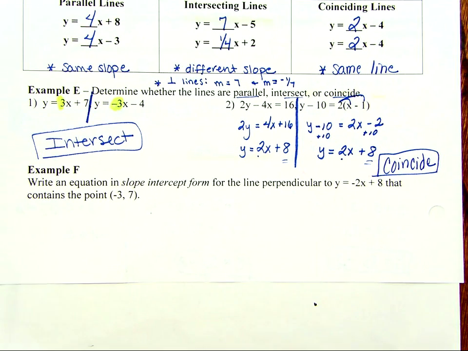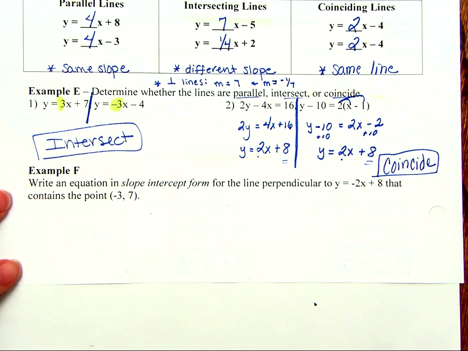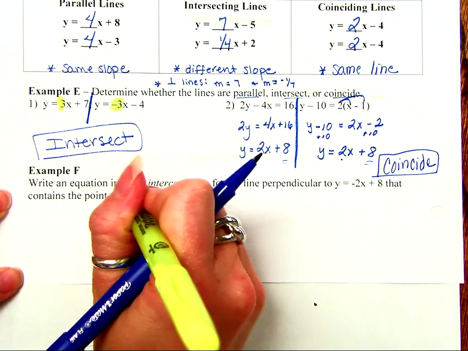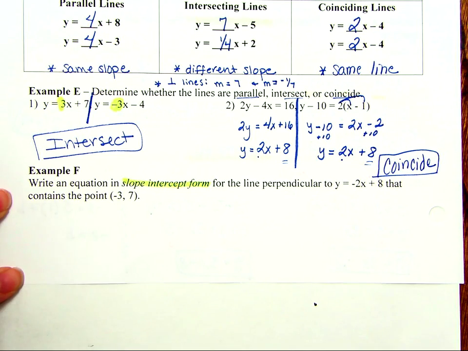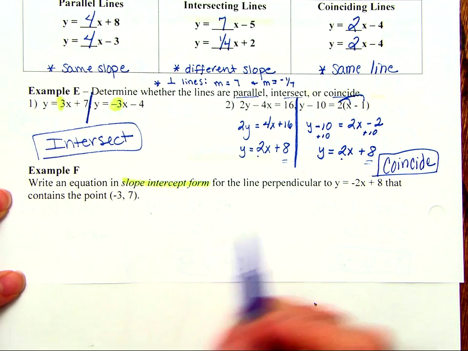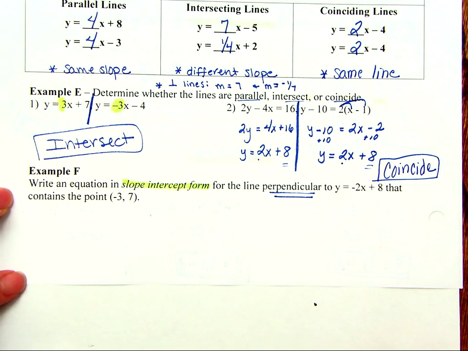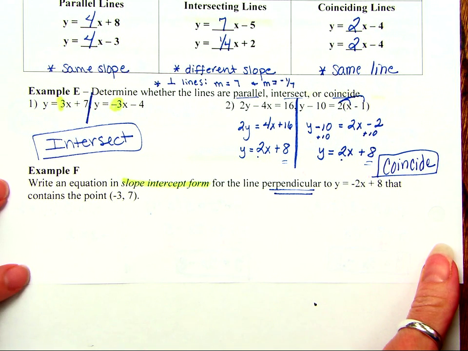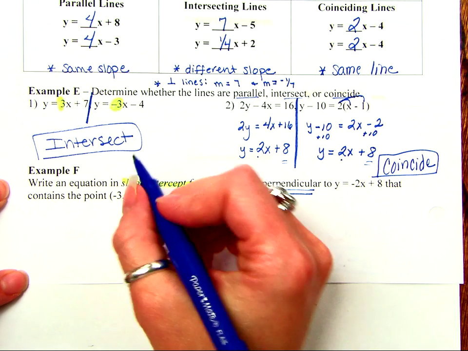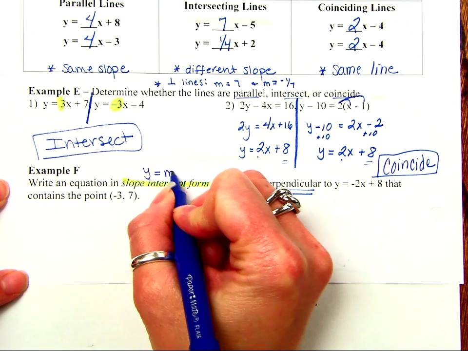Finally, in example F, they're asking me to write an equation, again in slope-intercept form, for the line perpendicular to y equals negative 2x plus 8 that contains the point negative 3, 7. Well, slope-intercept form, we want y by itself.